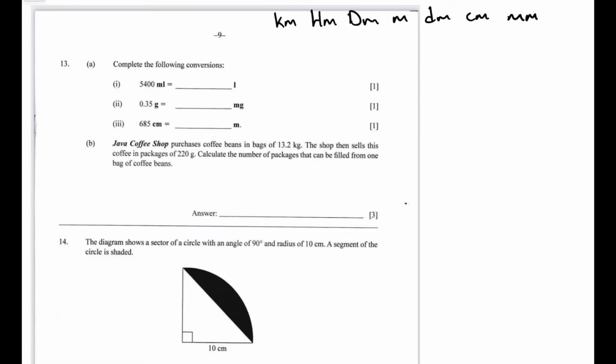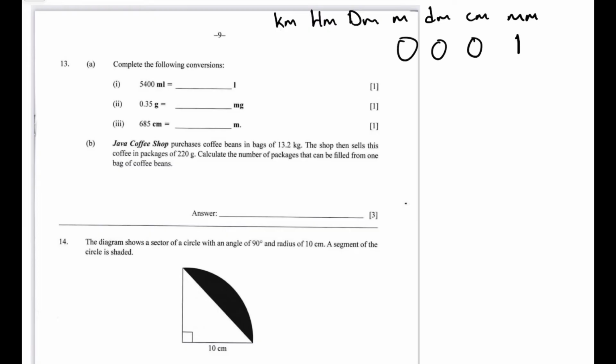So the first one asks us to convert 5,400 milliliters to liters. So we're going to go on the milli, and I'll put my 1 there, and we want to go on to the meter section. So just pretend like this is liters. So I'll fill this in with zeros.